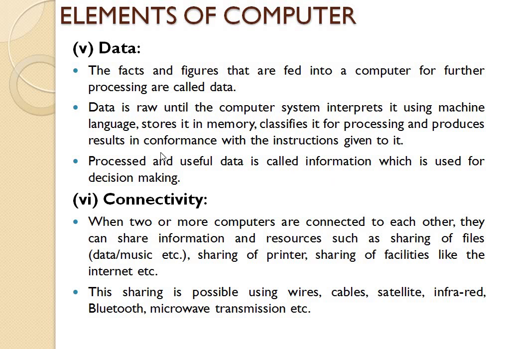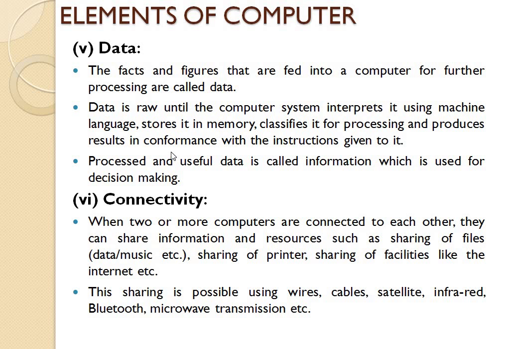So next is the data. As I told already, data is the raw thing. அதை நம்ம process பண்ண உடனே useful information ஆக நம்மளுக்கு கையில் கிடைக்கும். ஓகேவா, so the facts and figures that are fed to the computer for further processing is called as the data. Data is raw until the computer system interprets, that is, processes it using machine language and stores in memory, classifies it for processing, and produces a result.